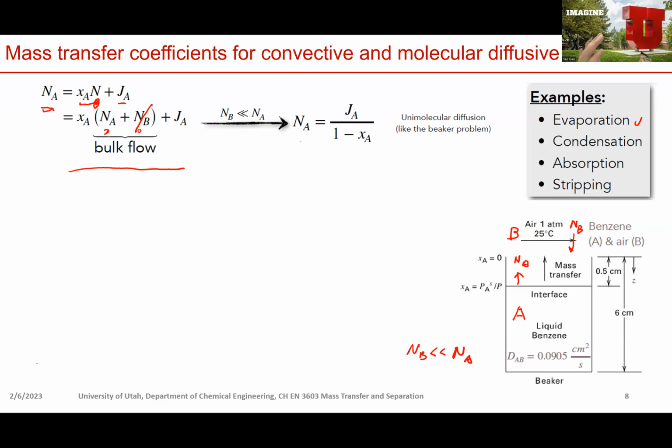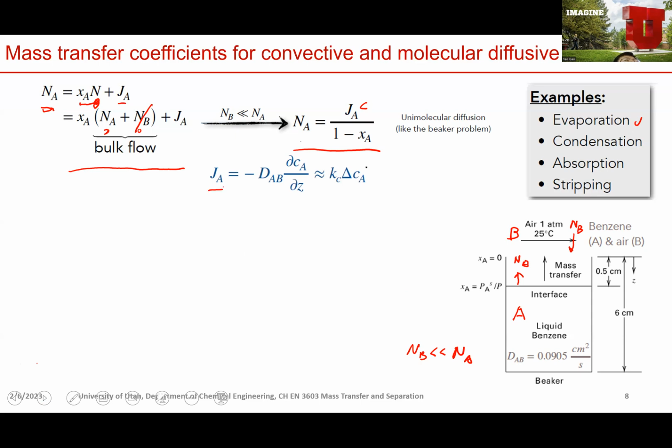If you do some rearrangement, move XA NA to the left, that will give you the bracket 1 minus XA multiplied by NA. Then you can just move 1 minus XA to the right. So you have the total molar flux depending on the molecular diffusive flux divided by 1 minus XA, right?